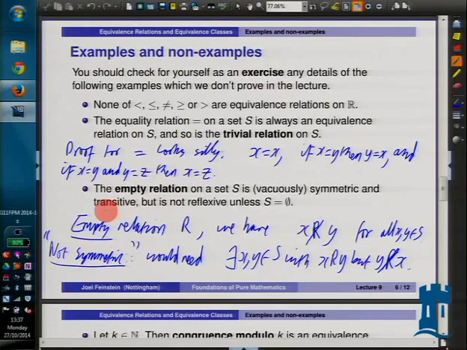The x not related to z would be fine, but you can't find any x and y with x related to y. So there's no counterexamples to transitivity either. So this stupid empty relation is symmetric and transitive, but it's not reflexive unless your S is actually empty, because if you've got any x's at all, the empty relation will have x not related to x, and that gives you a counterexample to reflexivity. Right.